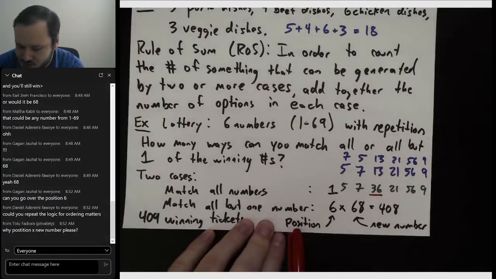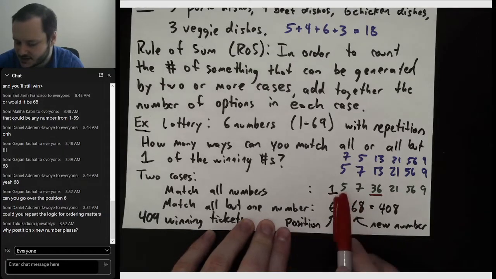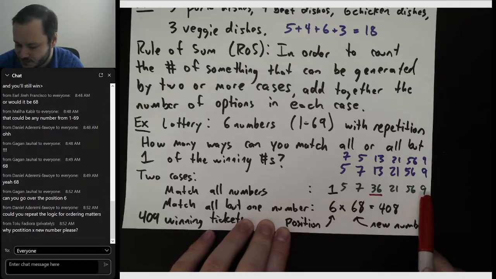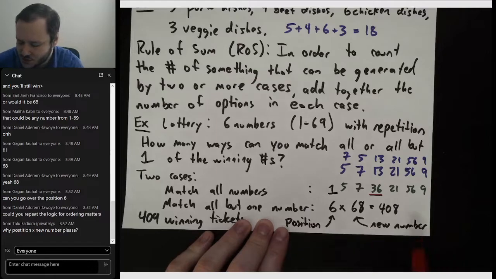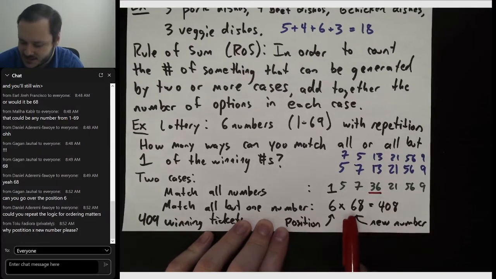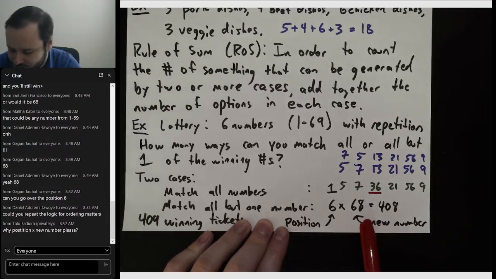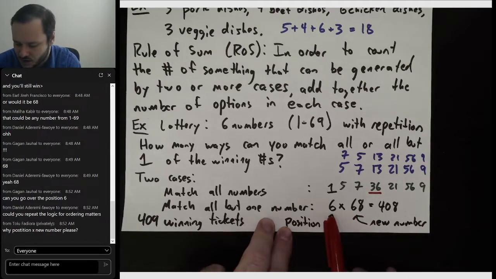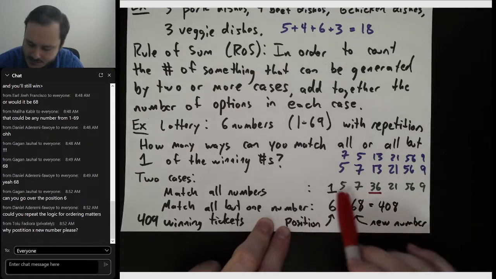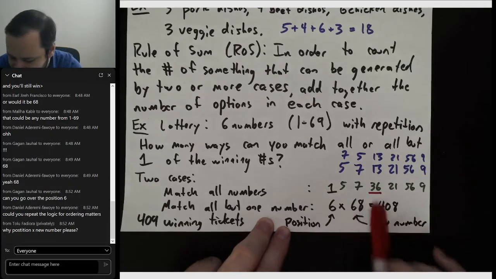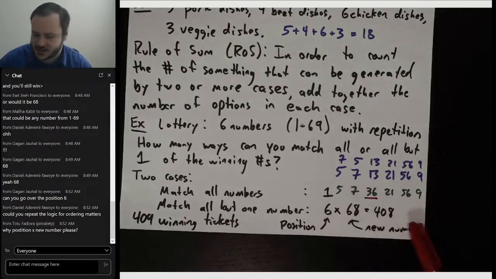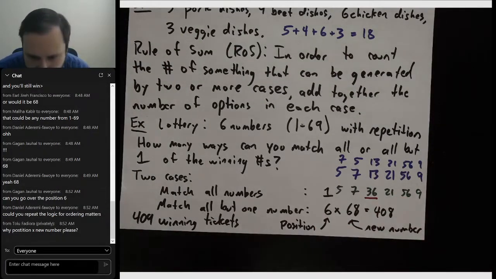The step where I choose a position had 6 options. The step where I choose a new number had 68 options, not 69, because it has to be a new number. Rule of product says multiply those 2 things together. 6 options, step 1. 68 options, step 2. 6 times 68 gives me 408.